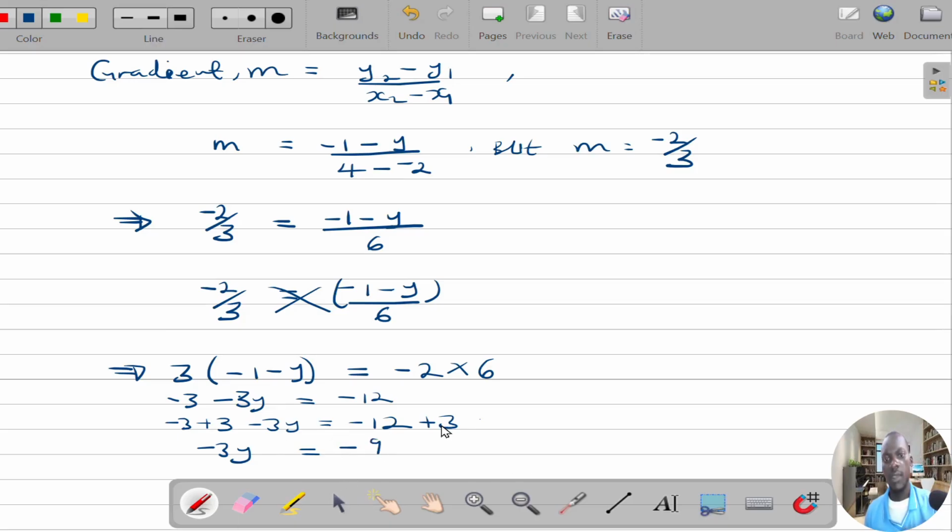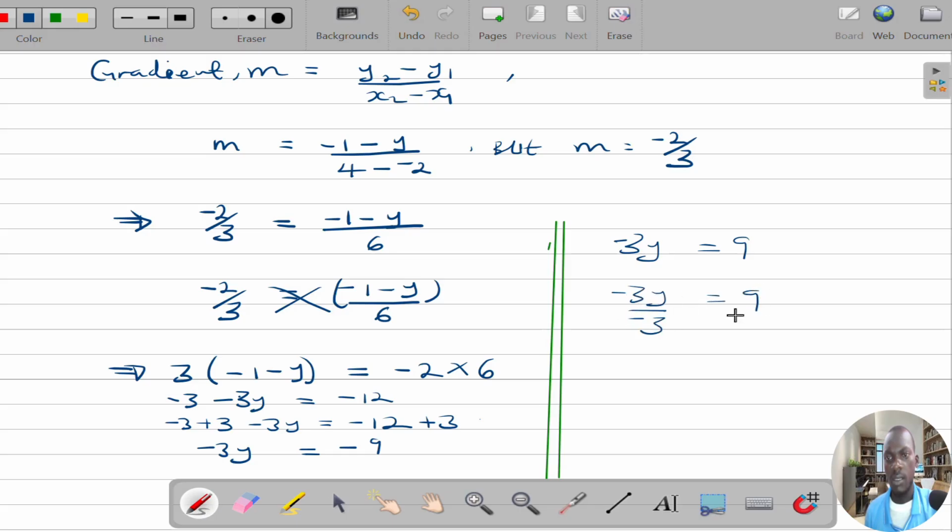So the next step here, we divide through. So we have -3y equaling -9. So we divide through by -3 on both sides. So you have y equal to -9 divided by -3.